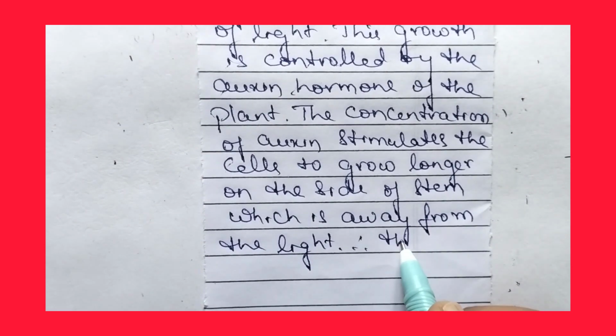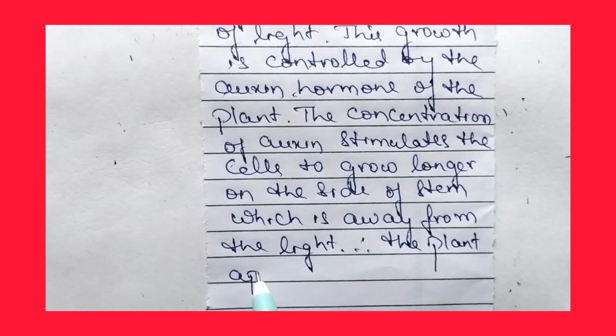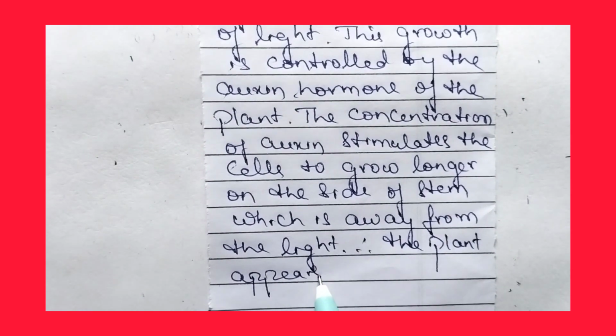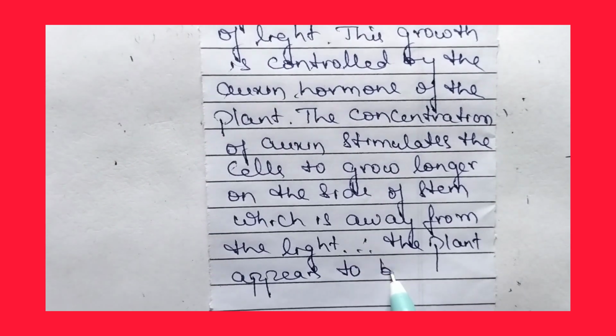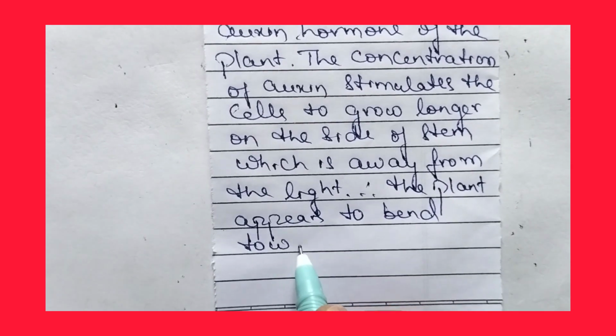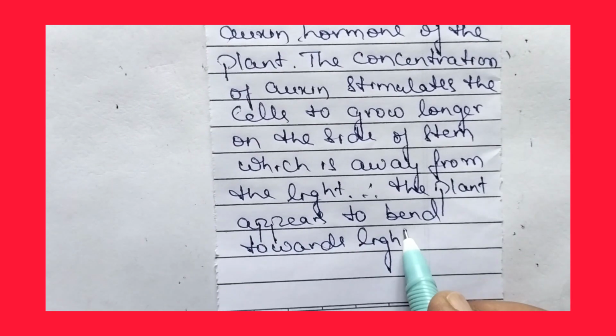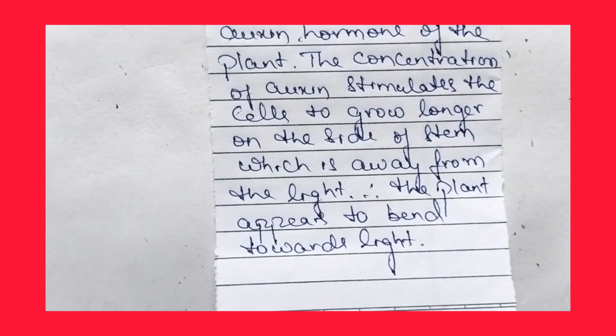Therefore, the plant appears to bend towards light. So this is how to answer how phototropism occurs in plants. Now let us move to the second question.